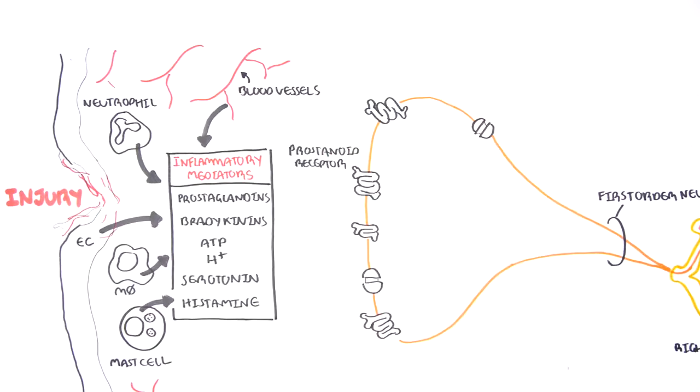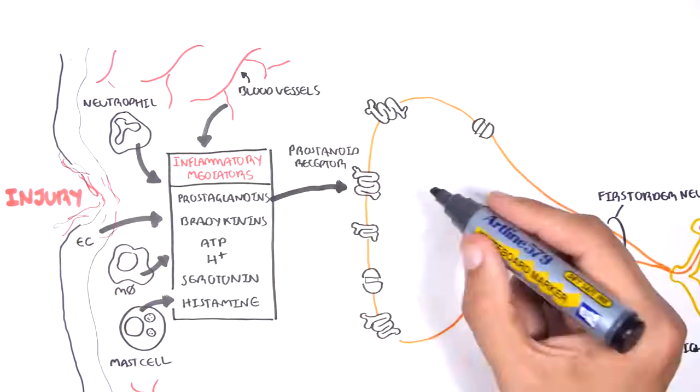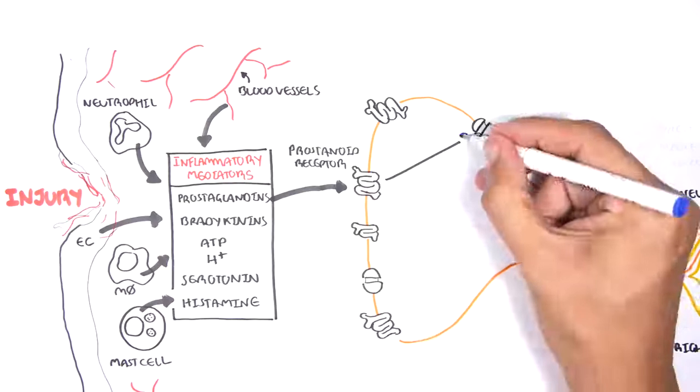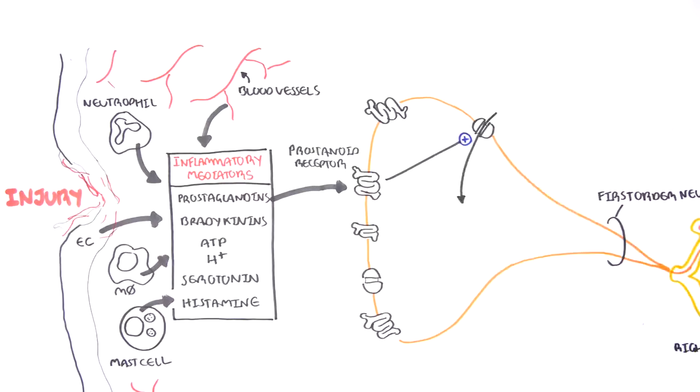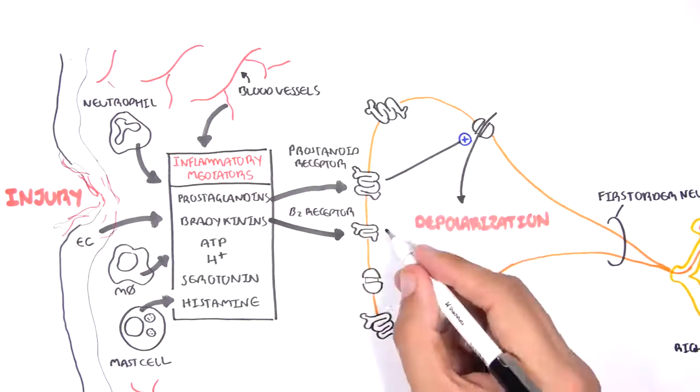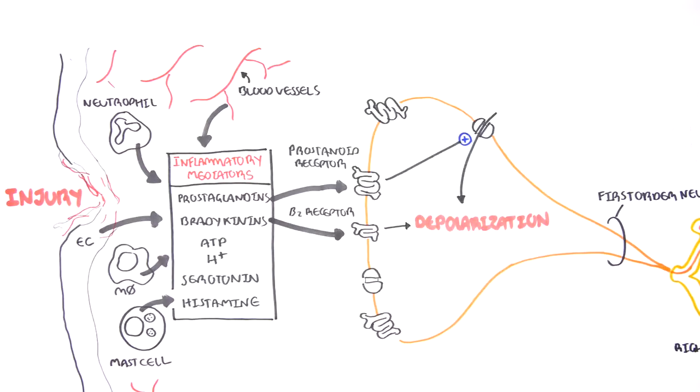Prostaglandins, for example, will bind onto what's called prostanoid receptors, causing a depolarization of the neuron, thus stimulating essentially this first order neuron. Bradykinin will bind onto what's called a B2 receptor, causing a depolarization as well, and thus again stimulating the first order neuron. And the other mediators will also somehow stimulate the first order neuron through other mechanisms and other receptors.